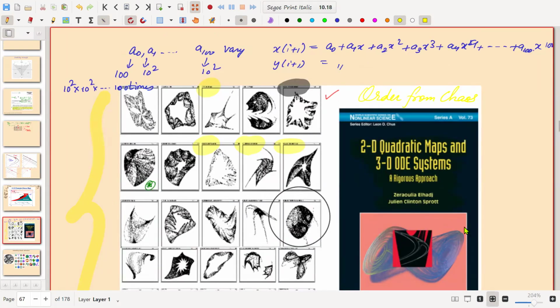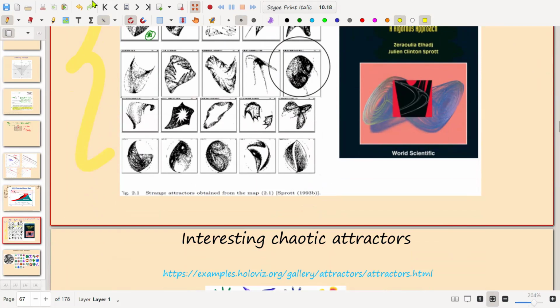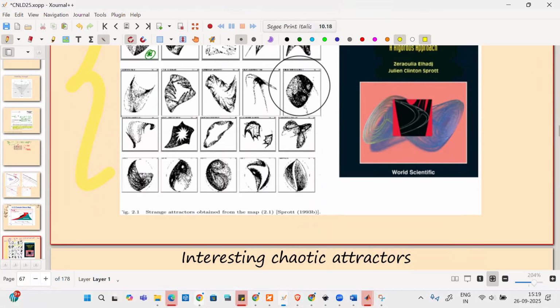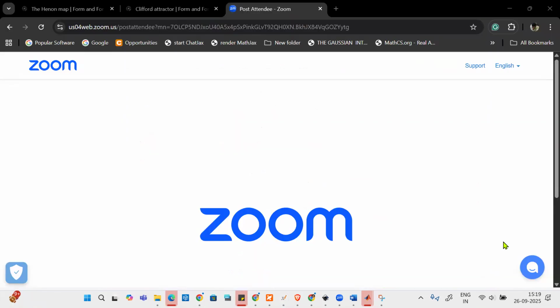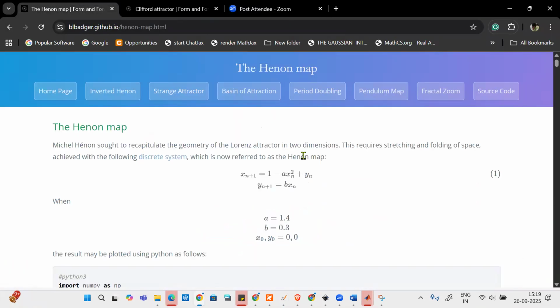So what we can do right now is I can show you the Henon map here.